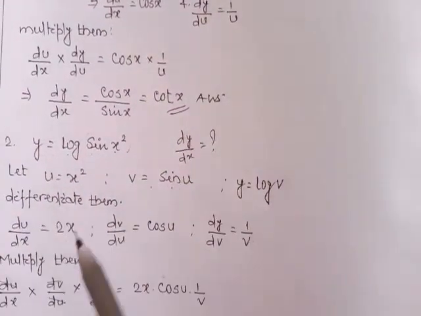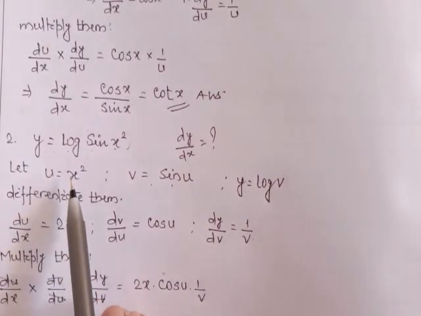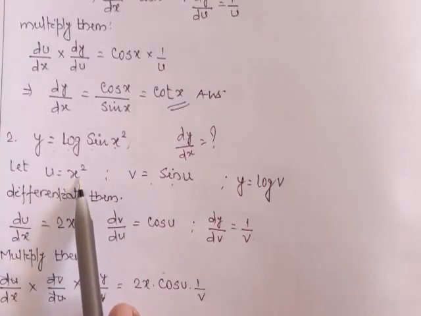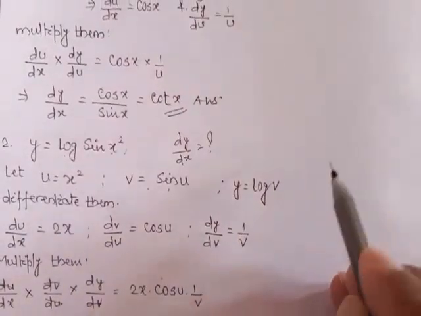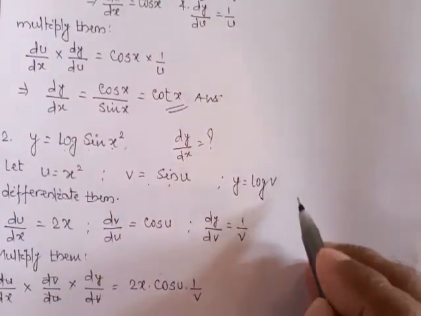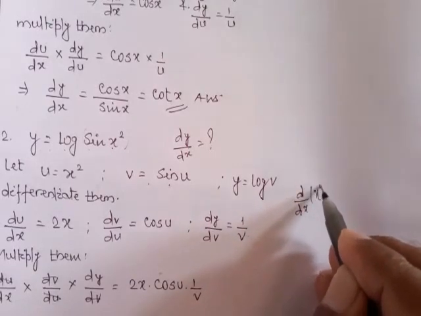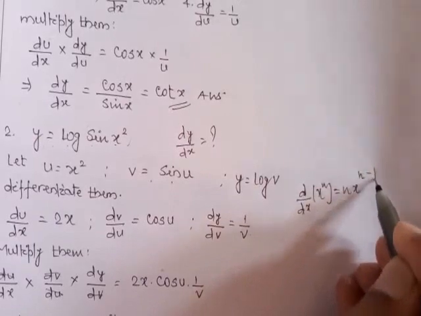As usual, differentiate them again. So differentiate u with respect to x. It should be du by dx, and differentiation of x square is equal to 2x. According to the formula, differentiation of x to the power n is equal to n into x to the power n minus 1.